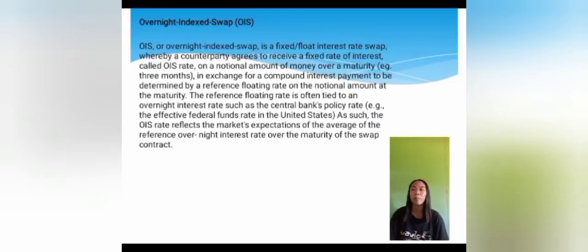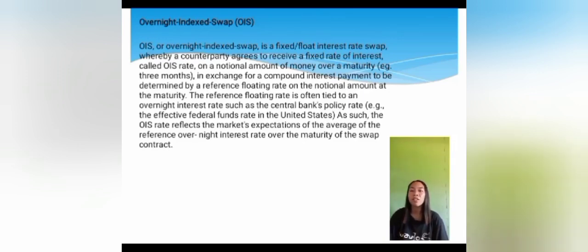Overnight Index Swap, or OIS, is a fixed or floating interest rate swap whereby a counterparty agrees to receive a fixed rate of interest, called the OIS rate, on a notional amount of money over a maturity, for example 3 months, in exchange for a compound interest payment to be determined by a reference floating rate on the notional amount at the maturity.